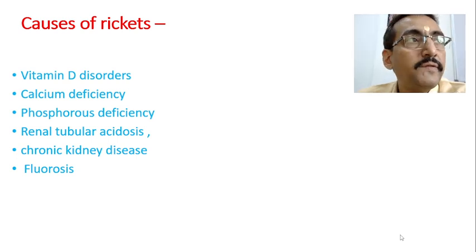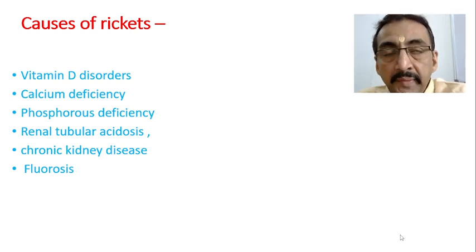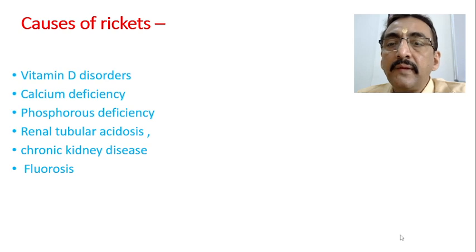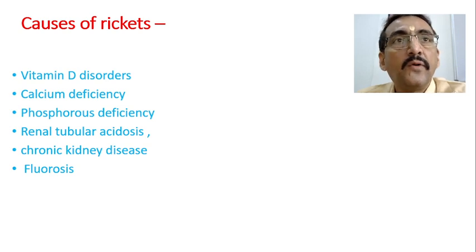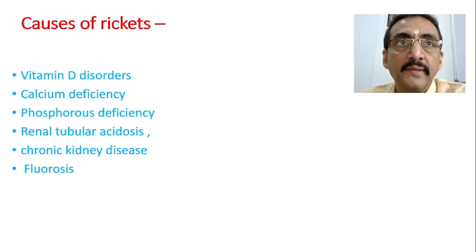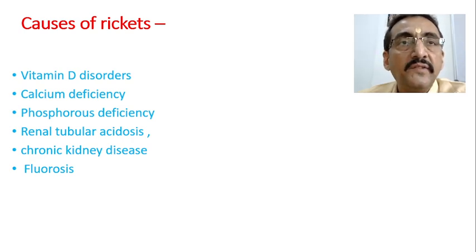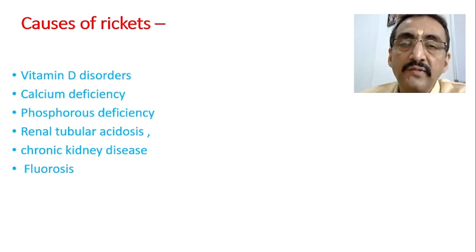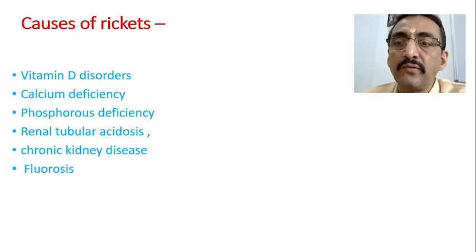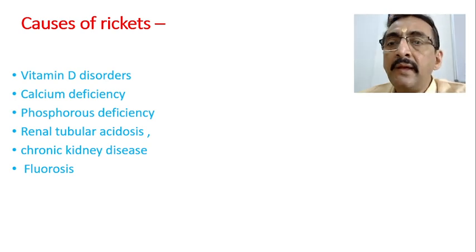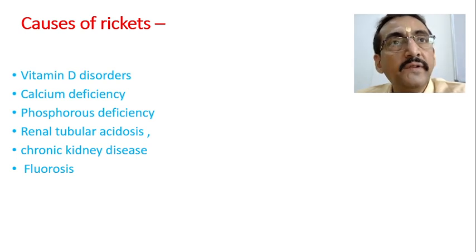Now we shall see the different types of rickets. Basically, what are the causes of rickets? Any of the vitamin D related disorders, where vitamin D production has been affected, leads to rickets, no doubt, because vitamin D will be deficient. Second is any calcium deficiency, maybe because of vitamin D deficiency or maybe because of some other dietary causes.